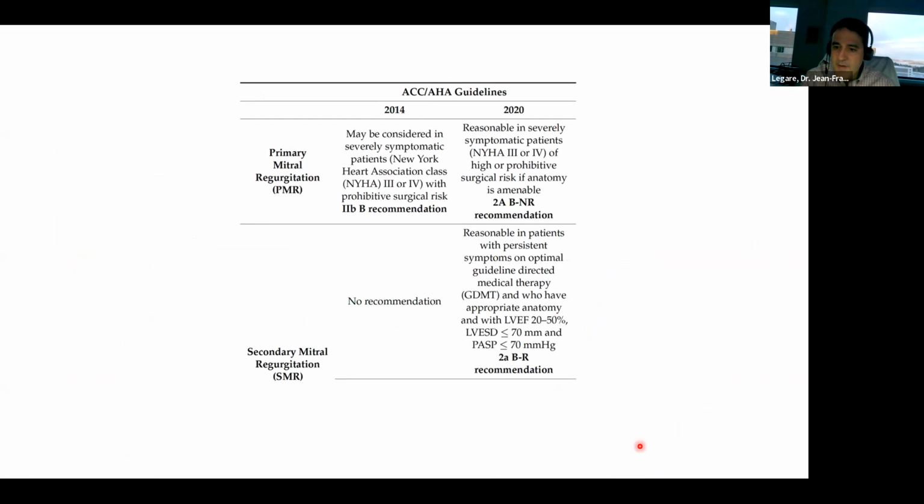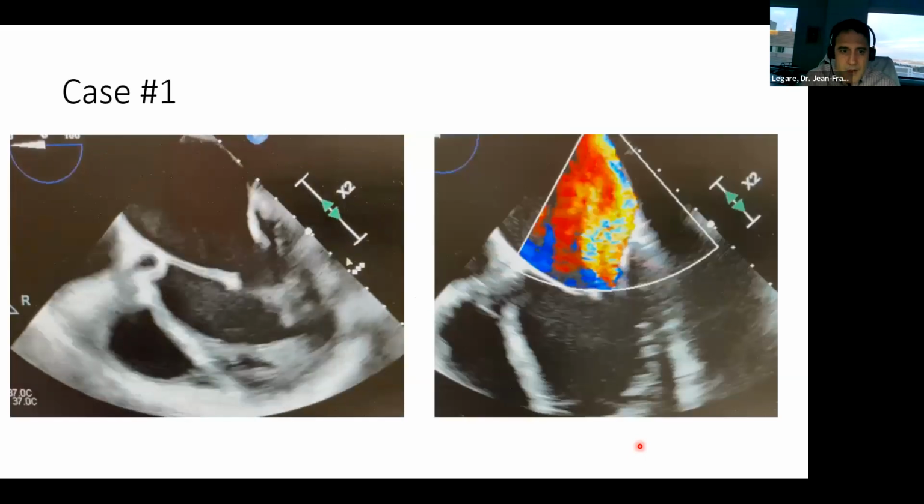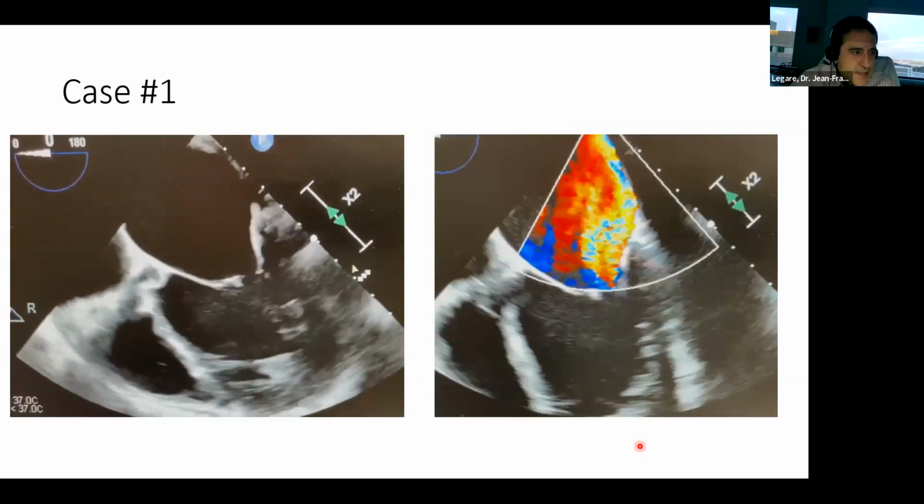So high from an STS point of view means an 8% mortality risk or more, and amenable. It is a reasonable thing to consider in these patients. And secondary mitral insufficiency, obviously the things we've talked about based on the COAPT trial. So these are things that I need also my surgical colleagues to realize as options that are here for us to consider. So I would illustrate that first case.